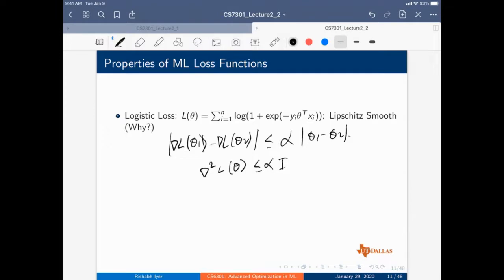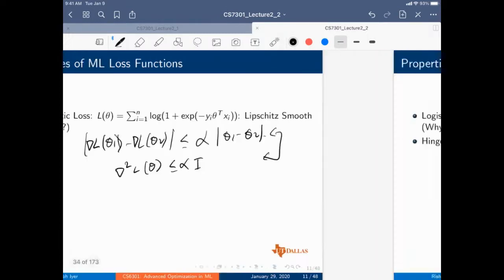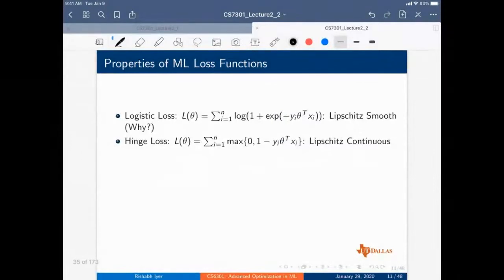If it grows smaller than a quadratic function, then it's Lipschitz smooth. So you can use either of these proof techniques to show that this is Lipschitz smooth. But basically, logistic loss is Lipschitz smooth.